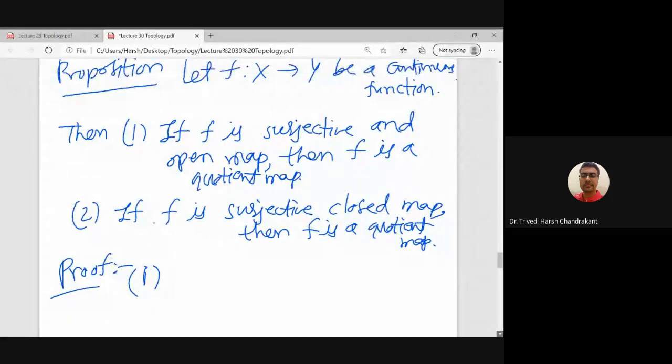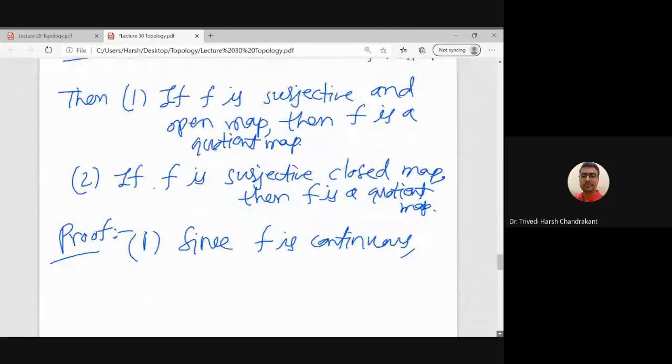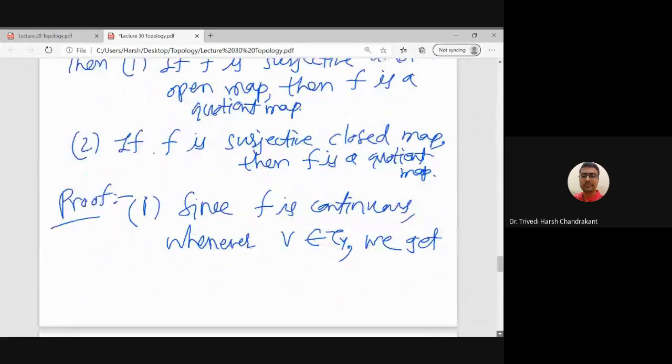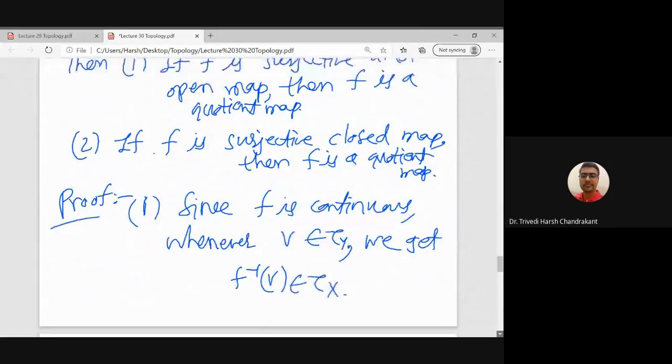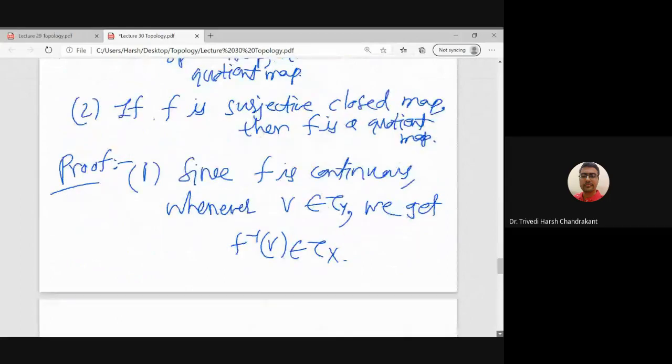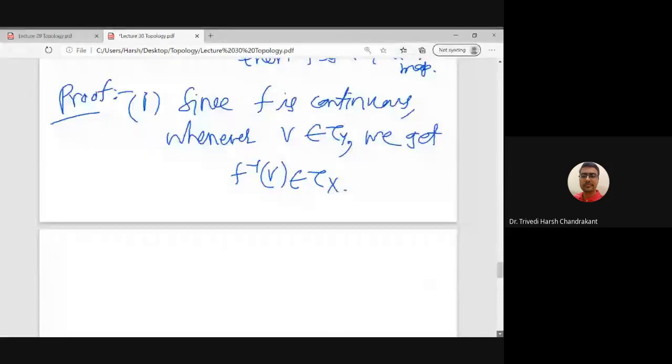So since f is continuous, whenever V belongs to tau Y, we get f inverse V is in tau X. So one condition is satisfied: V belongs to tau Y implies f inverse V is in tau X. Now we want to prove the converse. If f inverse V is in tau X, we need to show V is in tau Y. That way it will satisfy the definition of the quotient map.